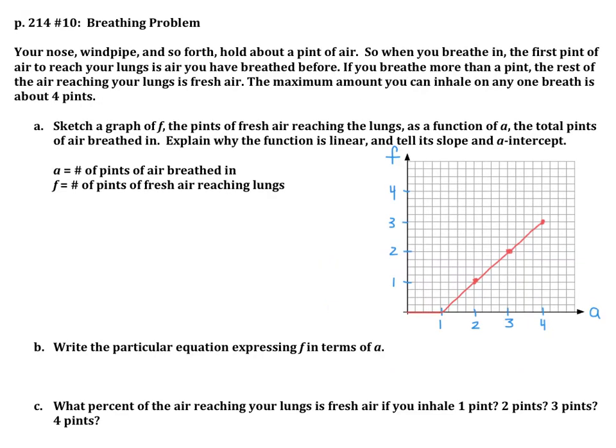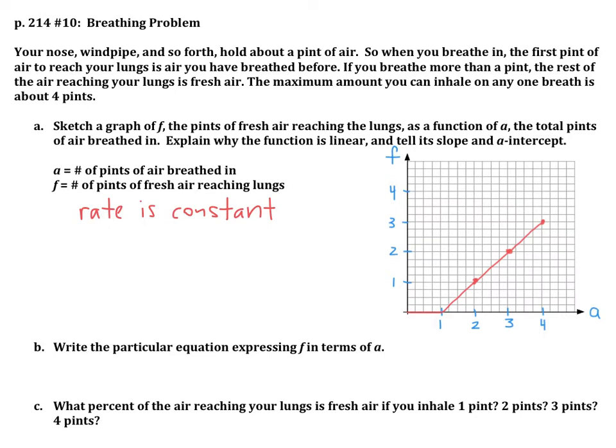We can tell that this function is linear because as we breathe in more pints, the amount of fresh air reaching our lungs is going up at a constant rate. So we can say the rate is constant. So what is that rate?